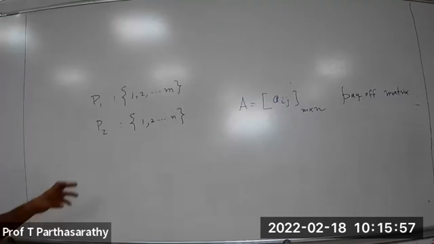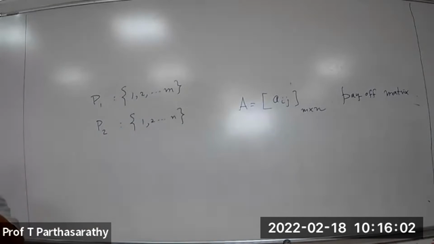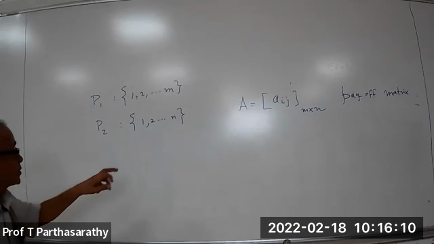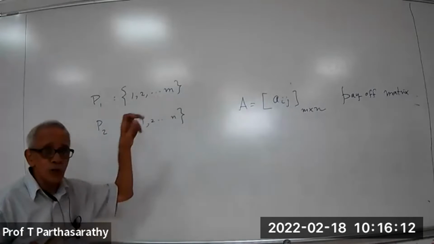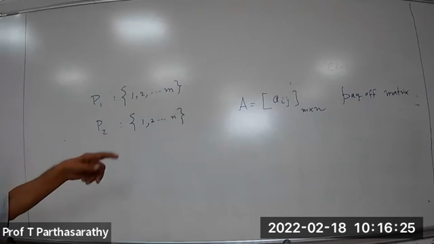But instead of playing just a pure strategy, player 1 can play a mixed strategy. A mixed strategy is simply a probability vector with m coordinates. That means he chooses the ith pure choice with probability xi, the ith coordinate of x. Similarly, player 2 also can play a mixed strategy which will have n coordinates.